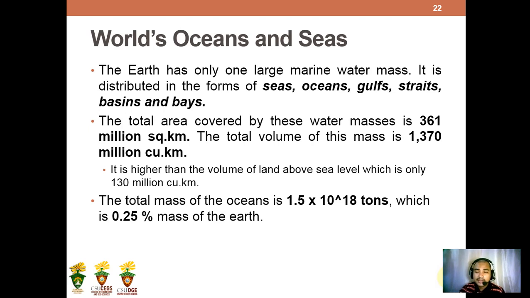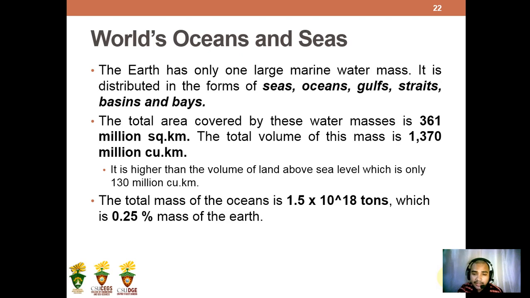And kung dili man siya isa, kumbaga magtuyok ra jud na siya, no? And according to this reference, since isa naman siya ka-large nga marine water mass, it was distributed in many forms such as seas, ocean, gulfs, straits, basins, and bays. So pero connected ra gyapon na sila, no? So matubigan na gyapon na siya, mahubas, matubigan na.